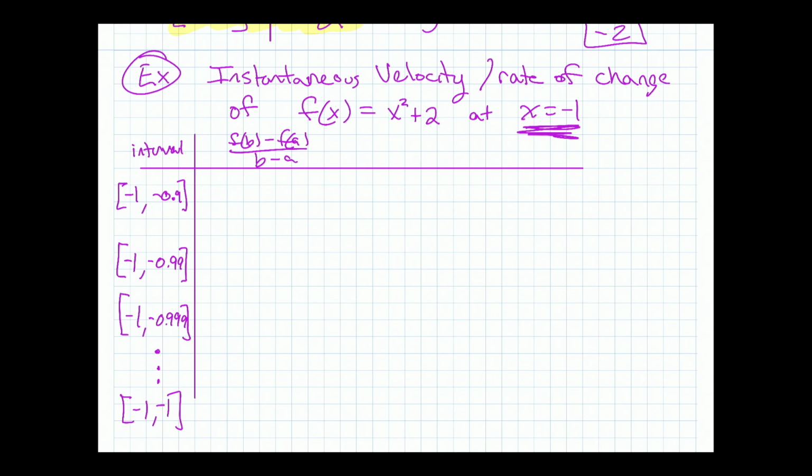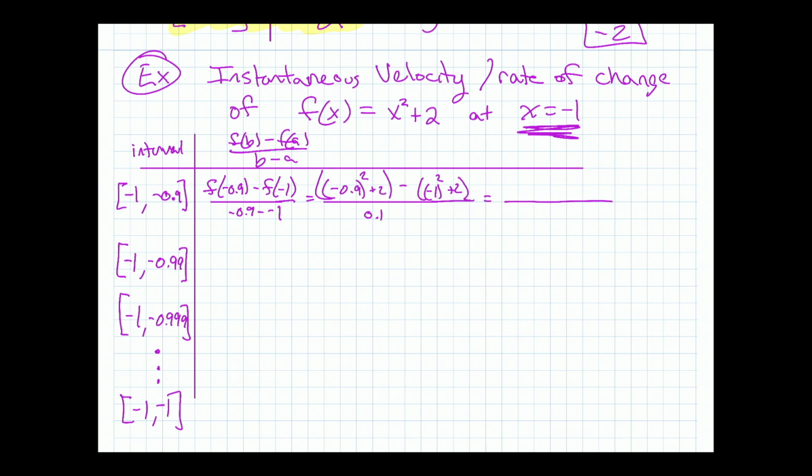So for this one, it's going to be f of -0.9 minus f of -1 over -0.9 minus -1, which is positive 0.1 in the denominator if you add that up, and in the numerator we're going to have -0.9 squared, parentheses on it this time, plus 2 minus, and then we're going to plug in -1 here, -1 in parentheses squared plus 2.